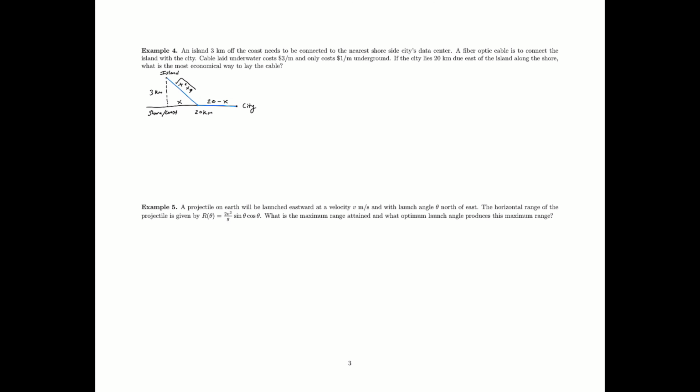Now what's the cost? The cost underwater would be, now they give it to us in dollars per meter. So again, $1 per meter is just $1,000 per kilometer. So this would be underground at a rate of $1,000 per kilometer.